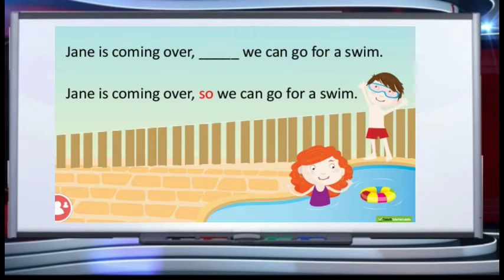Now let's take up another example. Jane is coming over. We can go for a swim. Now these two independent clauses, if they are joined with the coordinating conjunction so, it becomes: Jane is coming over, so we can go for a swim. This becomes a compound sentence.